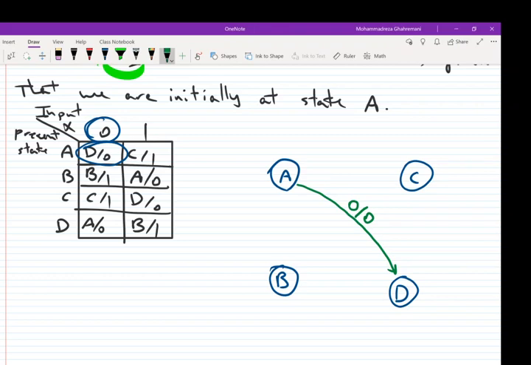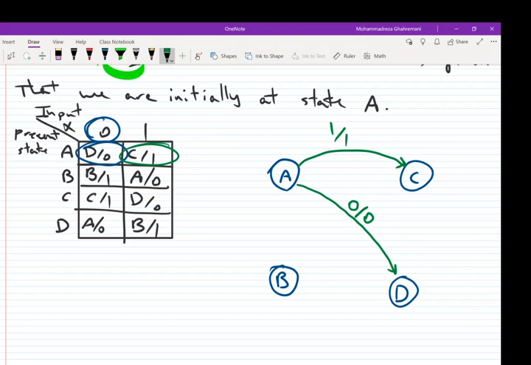Next column for state A, if we are in state A and input is 1, the state changes to C, and the output will be 1. Now let's move to the next state.